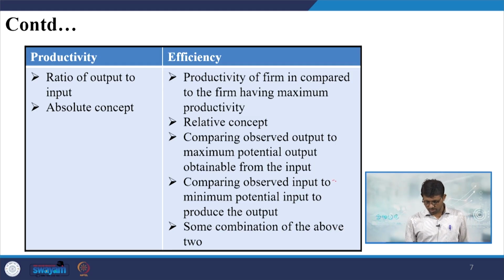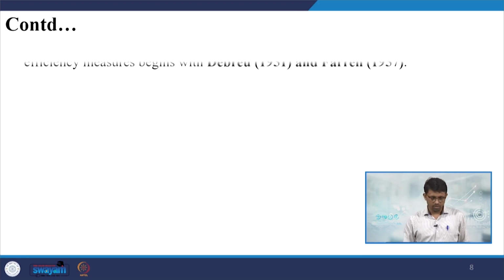Here we can also compare the minimum observed input to the minimum potential input, and in case of output we compare the maximum output to the individual observed output. In some cases, a combination of these two can also be considered to identify the efficiency score.